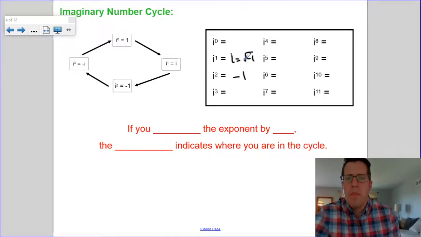So what happens if we continue to go up through our powers? Well, i cubed would be i squared times i, or -1 times i. So i cubed is the opposite of i, or negative i, as it's often said.